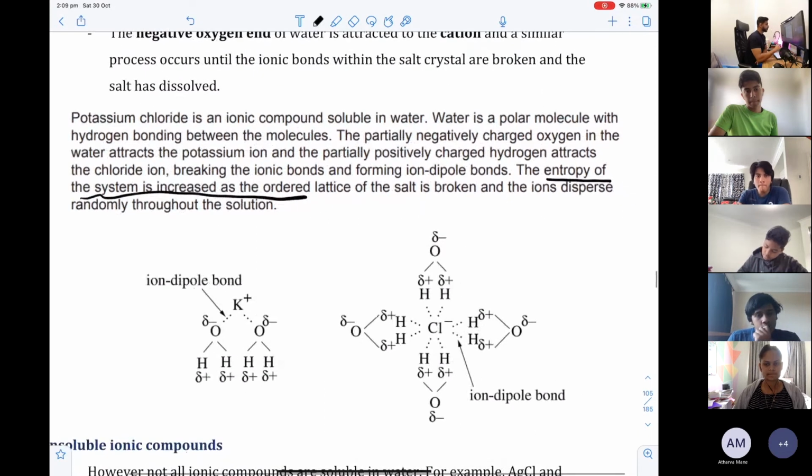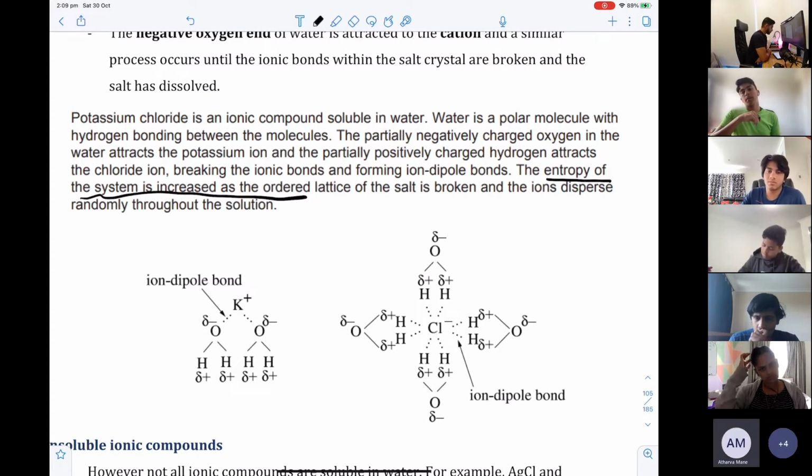Very good. What about enthalpy? What would you say for that, for a salt? Exothermic, endothermic, could be either. What's our answer? Let me ask Athava. What would you say? I think it would be exothermic because we're breaking the electrostatic attraction, which would release energy.